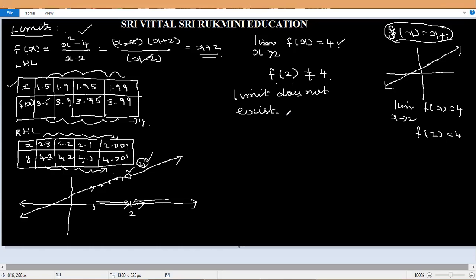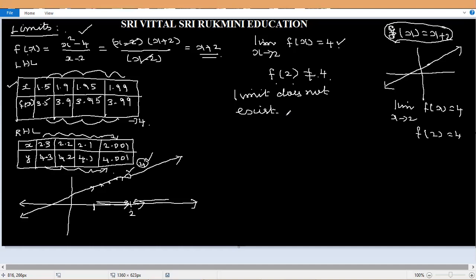Limit x tends to 2 f of x means, as the value of x approaches towards 2, the f of x value is approaching 4. If f of 2 is equal to 4, then as x approaches 2, the value at f of 2 also is equal to 4. Number 2.